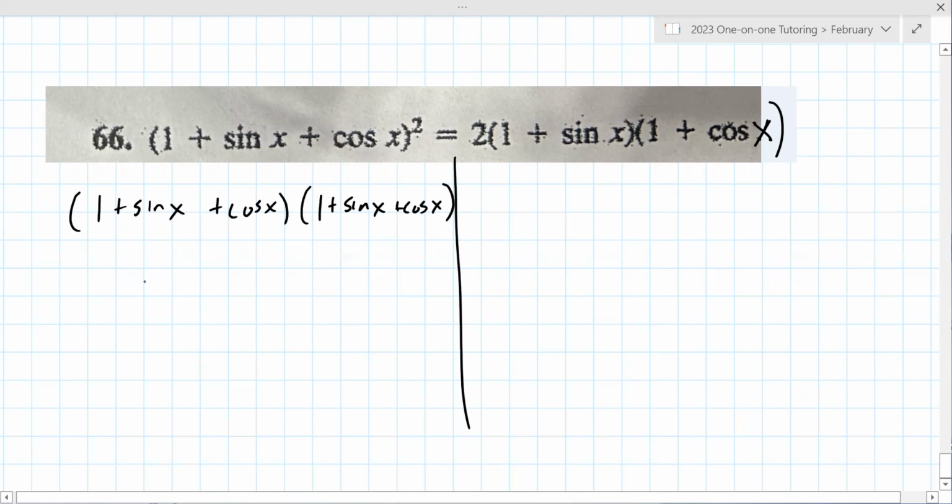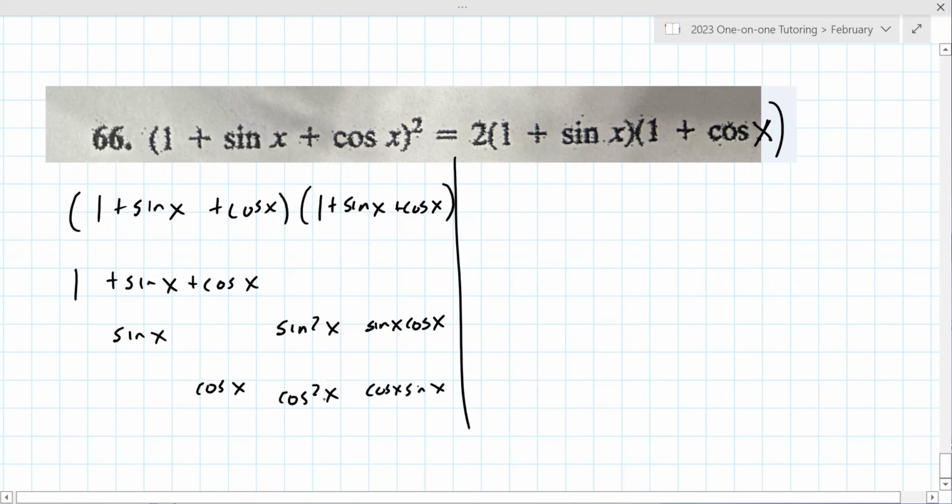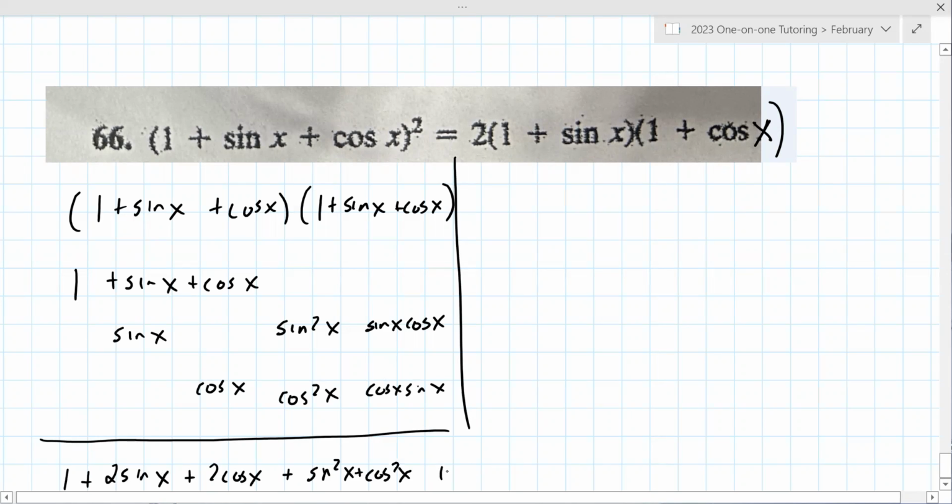So on the left, I'll do the one on the left because it's a little harder. You get 1 plus sine x plus cosine x. And then you get a sine x, sine squared x, sine x cosine x. And then you get a cosine x, sine x, and a cosine squared x. And so when you add all this up, you get 1 plus 2 sine x plus 2 cosine x plus sine squared x plus cosine squared x plus 2 sine x cosine x, like that.